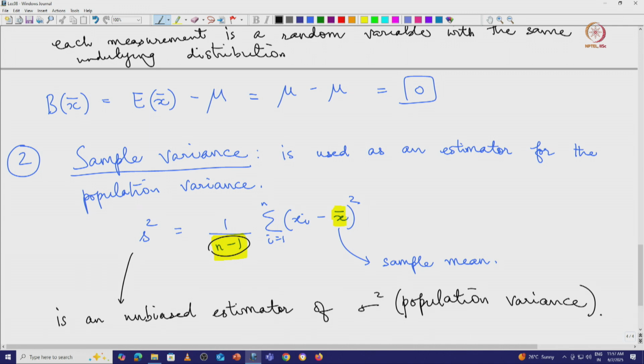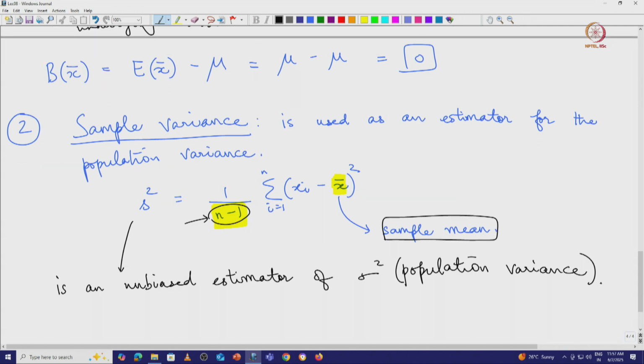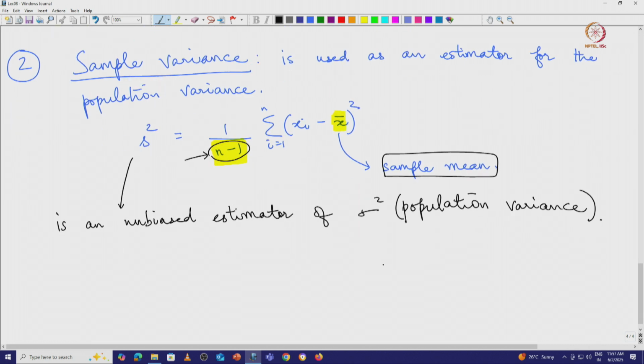And a more physically motivated understanding of this factor of n minus 1 is that the nth sample measurement can be determined from the rest of the n minus 1 measurements and the knowledge of the sample mean, which is required for defining the sample variance. So, the number of degrees of freedom in defining the sample variance is n minus 1.